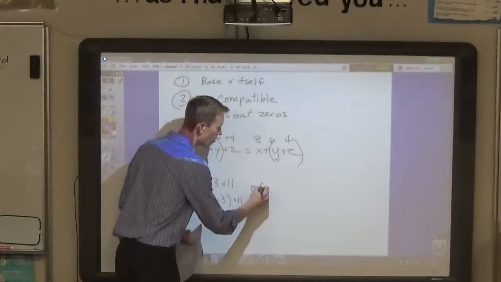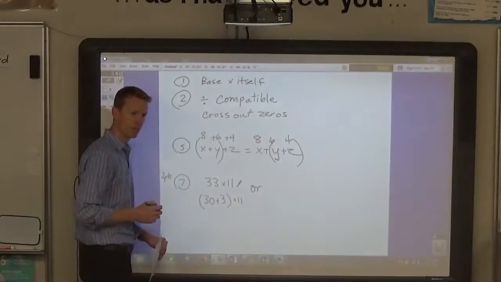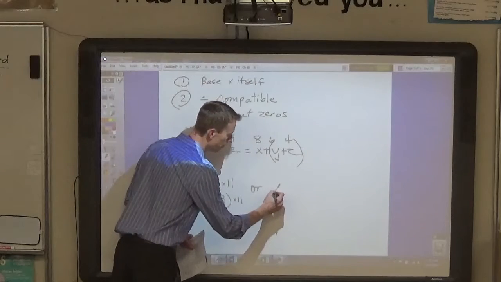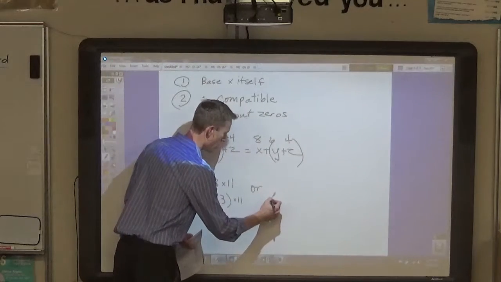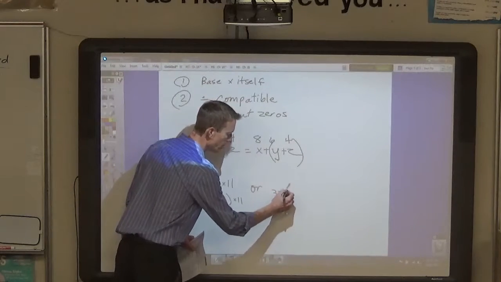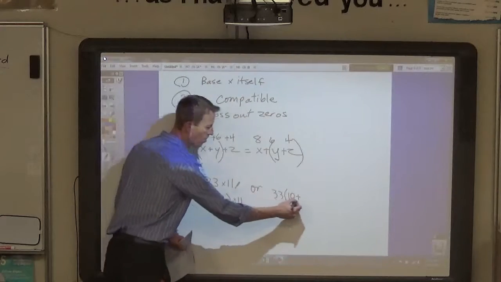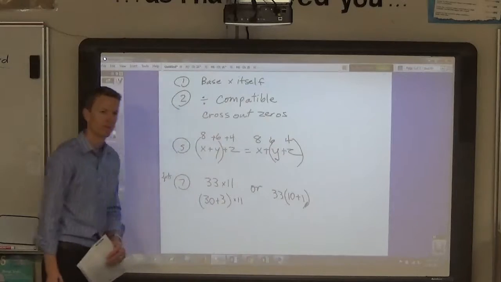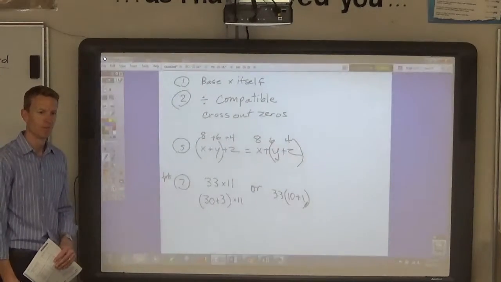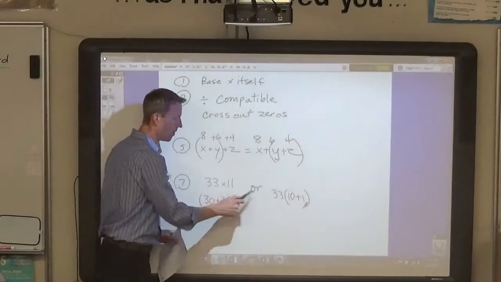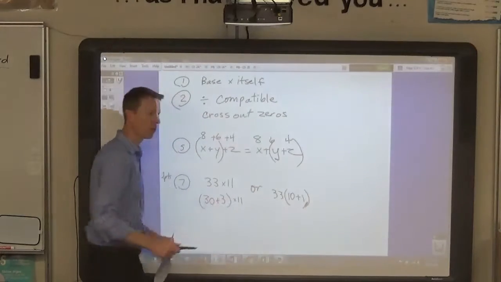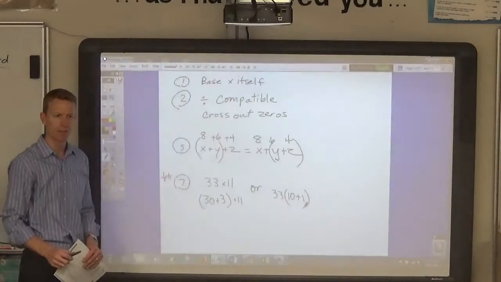Or you could choose to break the 11 up and do 33 times 10 plus 1. 33 and then times 11, but we rewrote 11 as 10 plus 1.